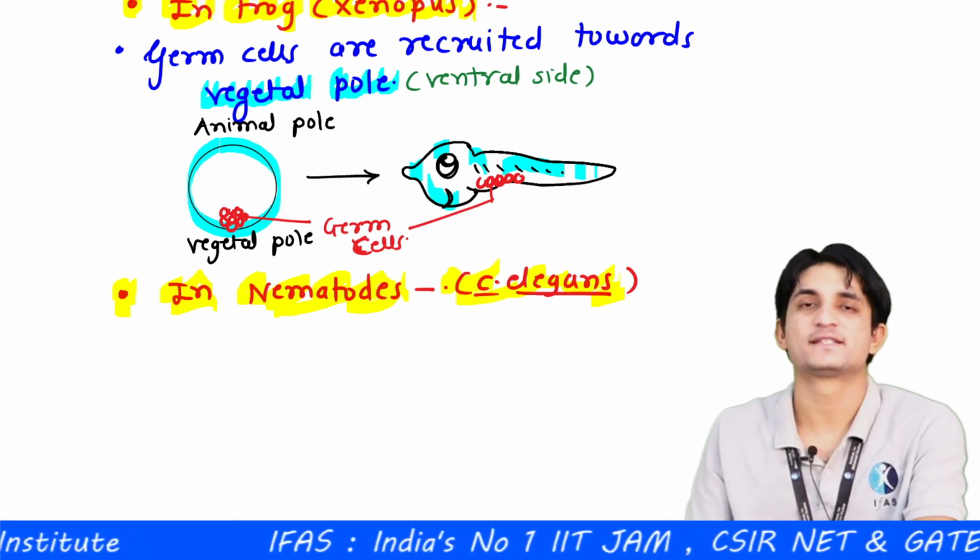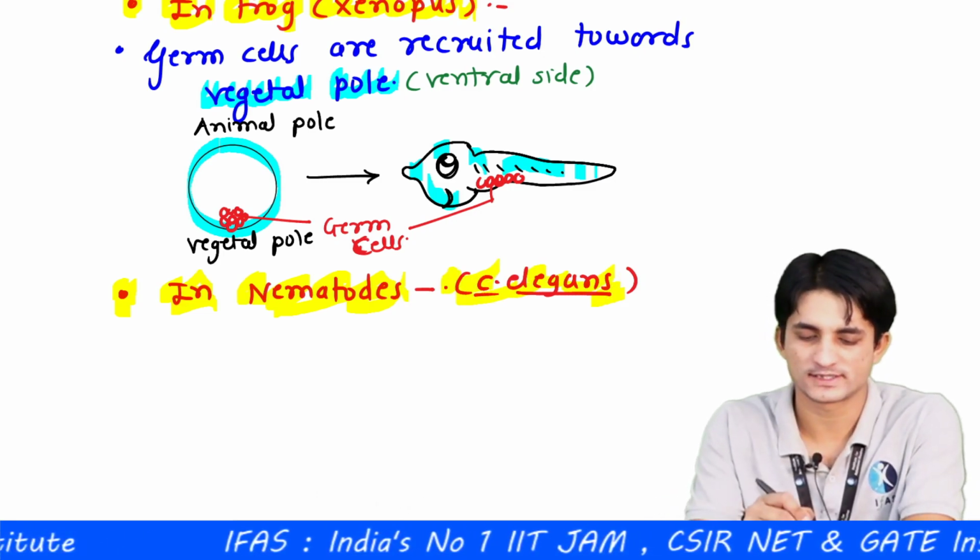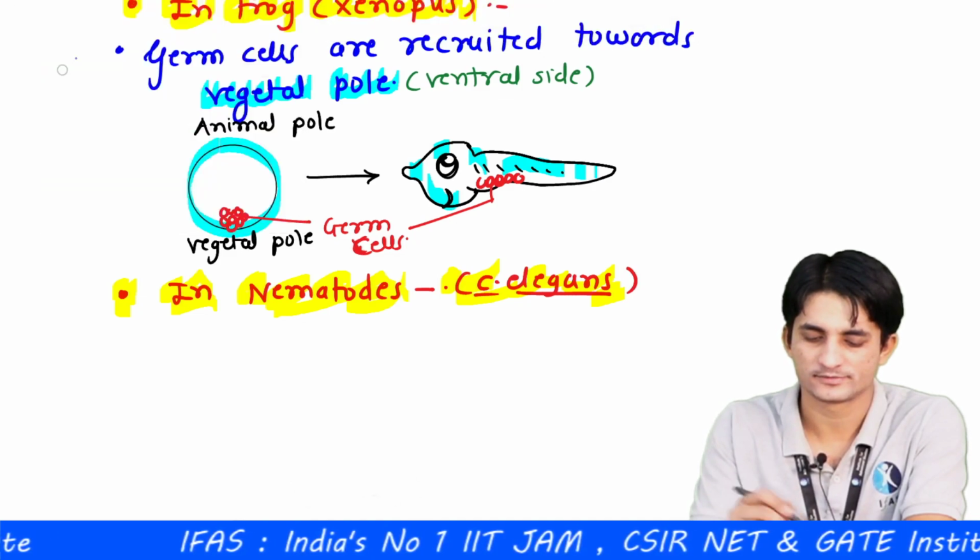So germ cells are recruited towards the posterior end.